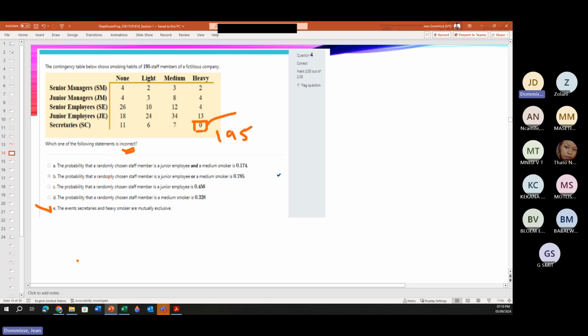Okay, so here are the things we need to work out with the and, and the or. I would first go with C and D: the probability that a randomly chosen staff member is a junior employee. So junior employee is basically all of those added, divided by 195.